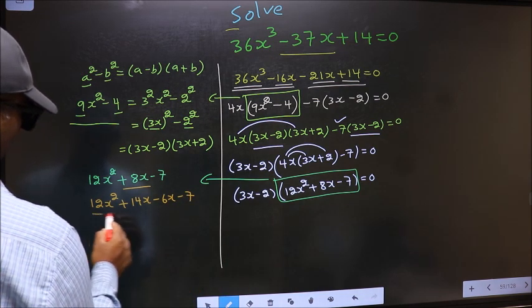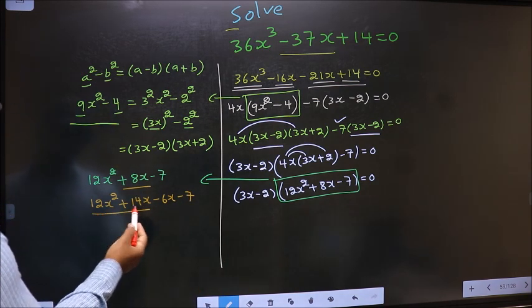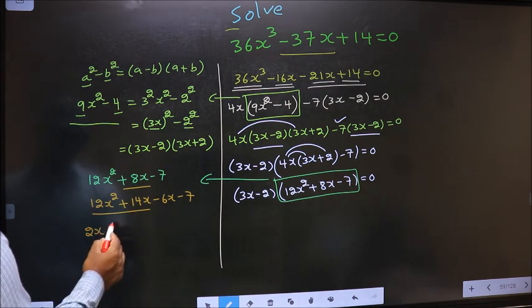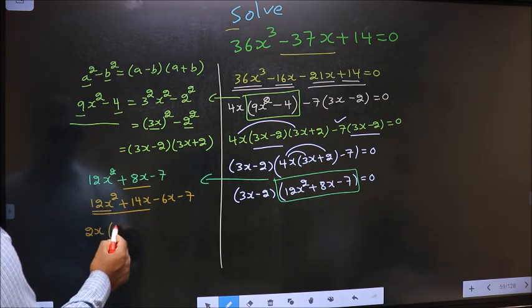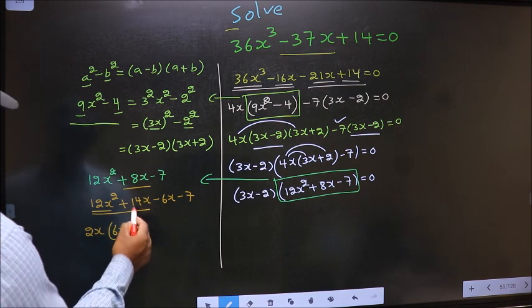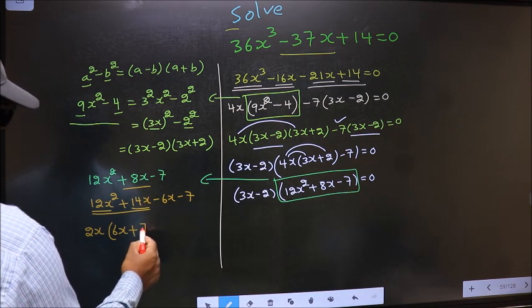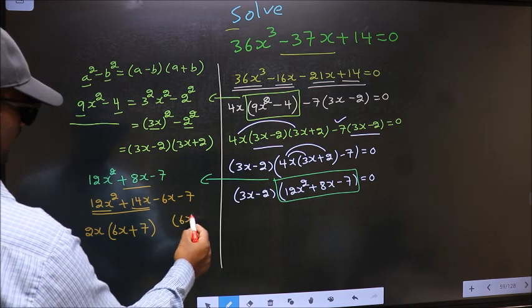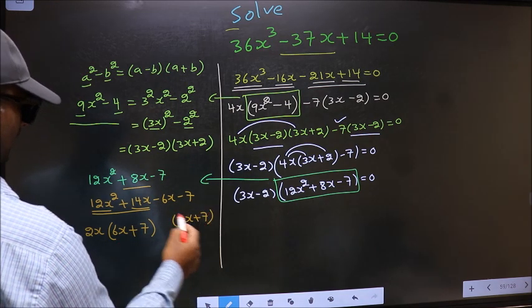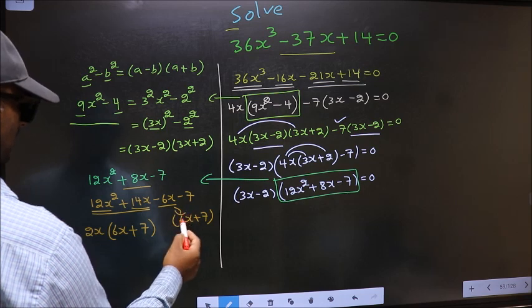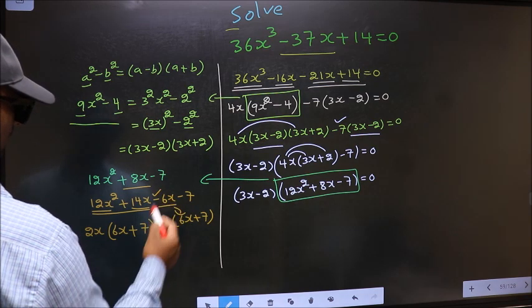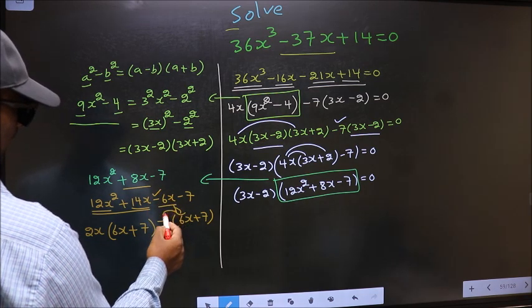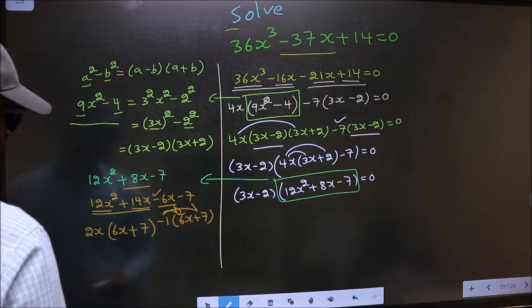Next, what can be taken out common from these two terms is 2x. From this 2x out you get 6x plus, from this 2x out you get 7. Now whatever we got here, here also we should get the same thing. From this 6x gone inside, so outside we get minus 1. Even if you multiply and check, still you get the same thing.